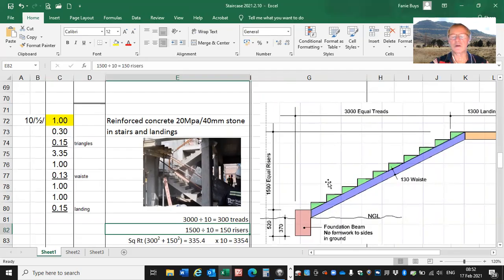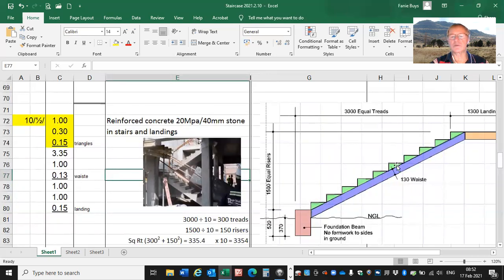So then we sit with a little triangle, the tread 300, the risers 150, and because it is a triangle, we times it by a half. So it's 0,30 by 0,15 times 10. If you count those triangles, you'll see that there are 10 of them. And because it is a triangle, times half.